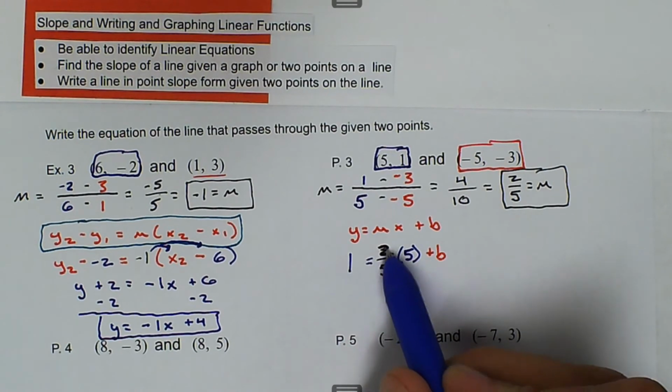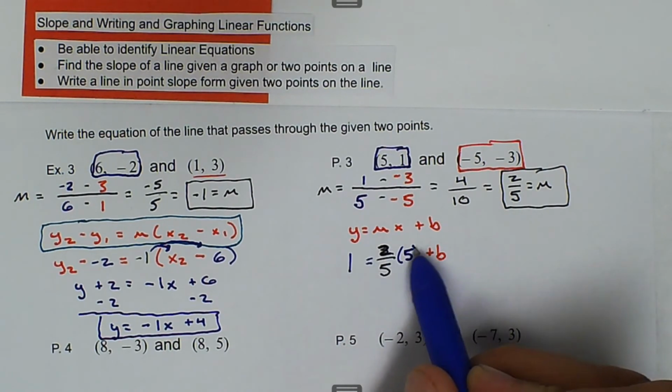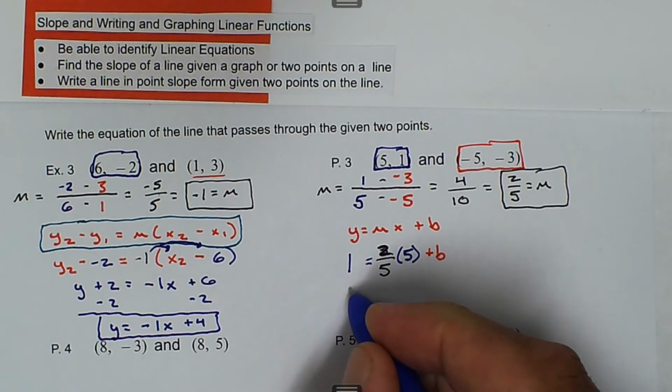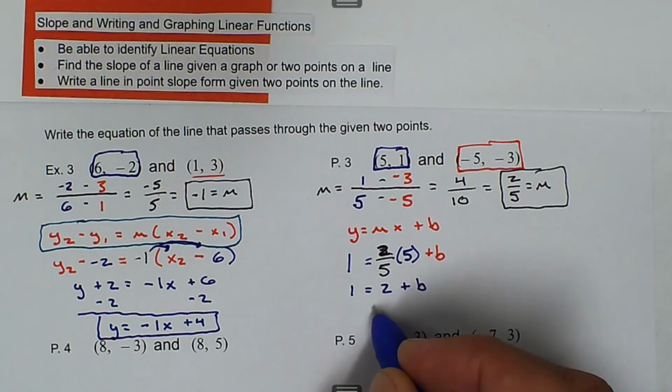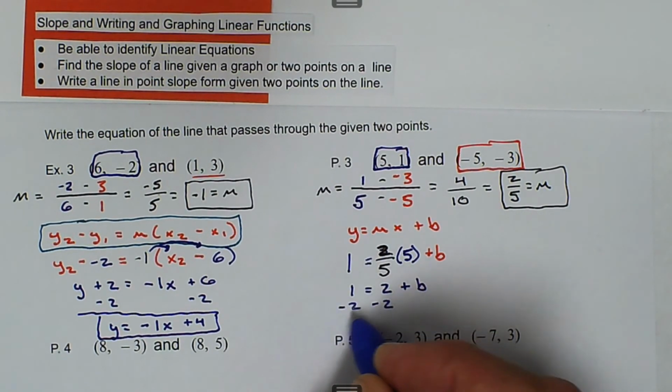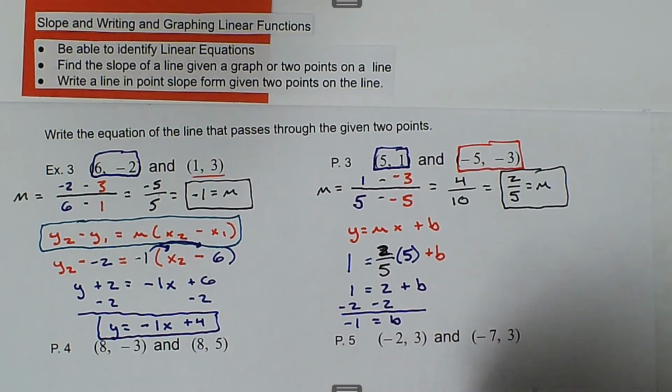So 2/5 times 5, our 5's cancel, and we end up with 2. Then to get b by itself, we subtract 2 from both sides, and we get negative 1 is equal to b.